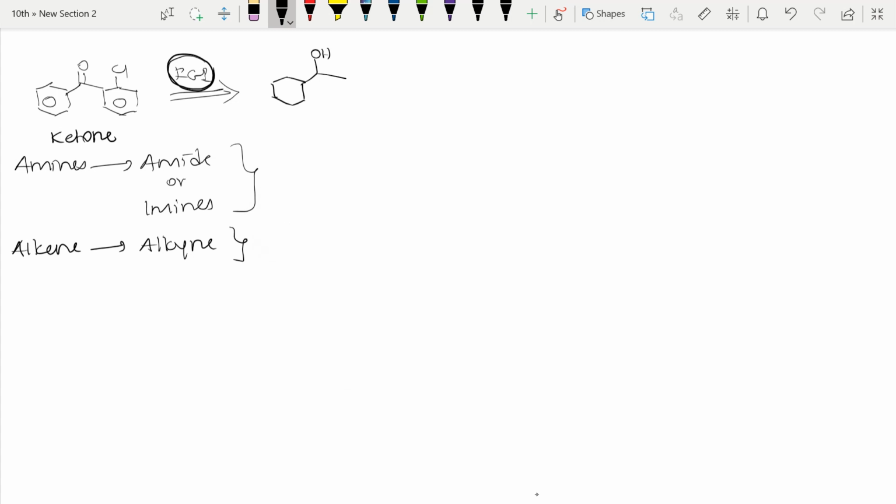Why I convert it into alcohol, you will get to know when I write the reaction. Further, I see here this is 1, 2, and I can disconnect the carbon-carbon bond. This is the retrosynthesis, I have disconnected it, so I will get a compound like this.